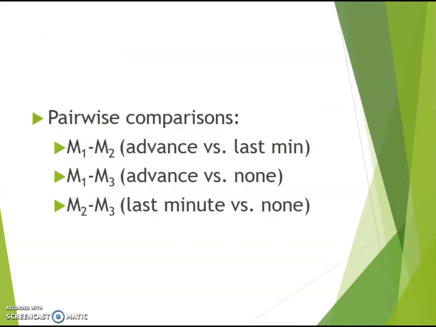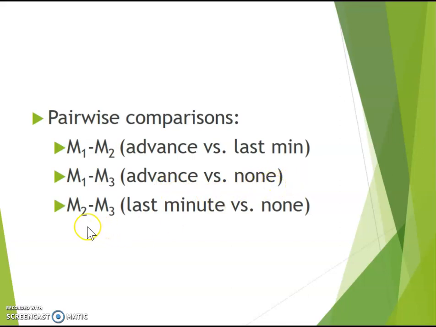So first off, I have the pairwise comparison of comparing the people who study in advance to the people who study last minute. So group 1 to group 2. Another pairwise comparison I have to make is comparing group 1 to group 3, or the people who study in advance compared to the people who don't study at all.